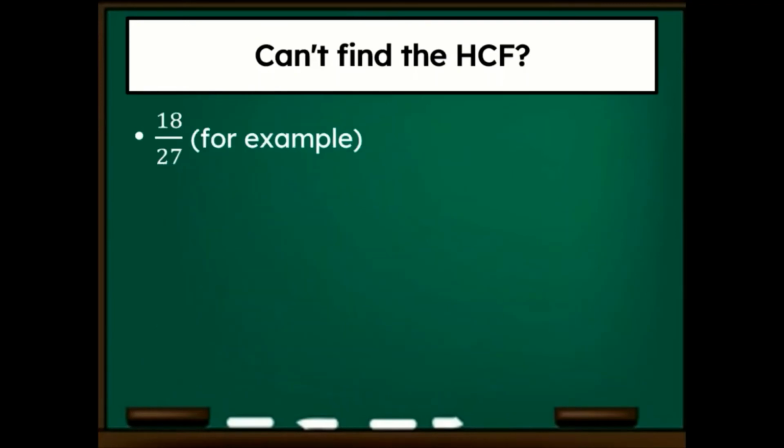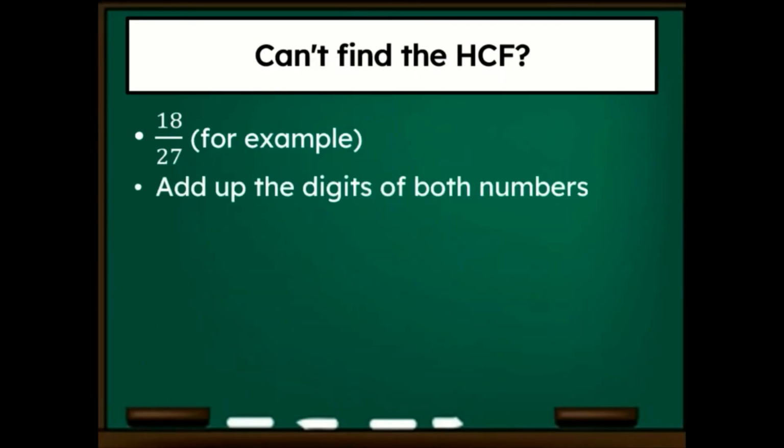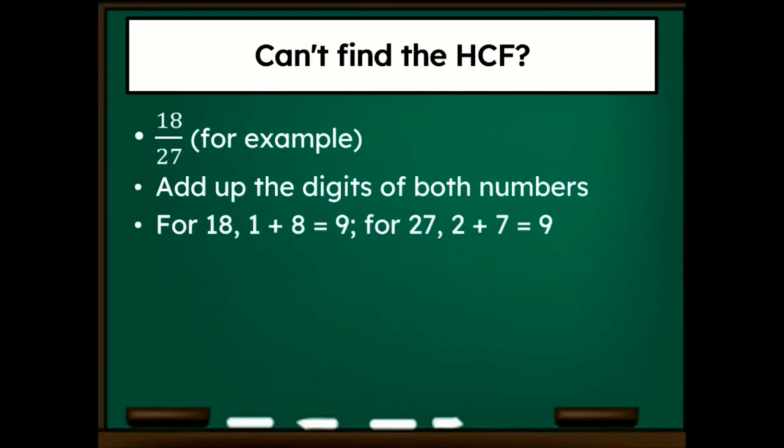How about 3? Well, add up the digits of both numbers. 18, 1 plus 8 is 9. And for 27, 2 plus 7 is 9. Now, if we add up the digits and it's divisible by 9, then the number is divisible by 9. If we add up digits and the number is divisible by 3, then the number is divisible by 3.